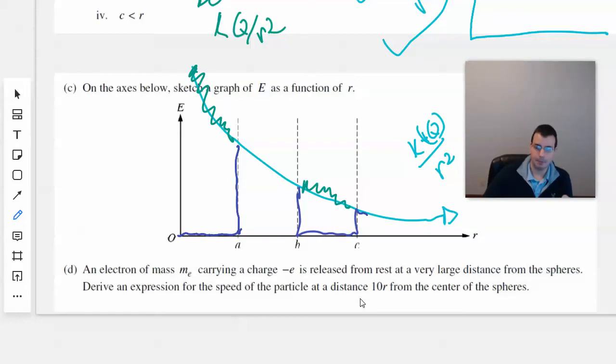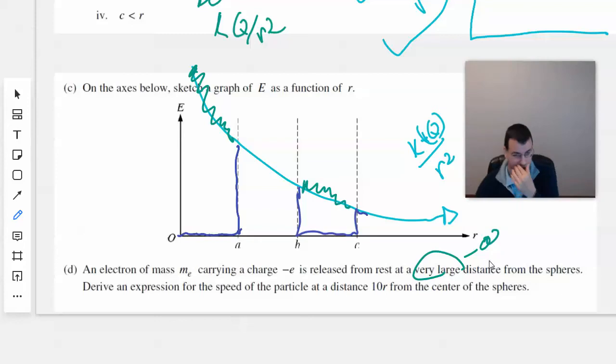All right. One last problem for this part. An electron of mass Me, carrying a charge of negative e, is released from rest at a very large distance. By very large distance, I'm going to say infinity from the spheres. Derive an expression for the speed of the particle at a distance of 10r from the center of the spheres.